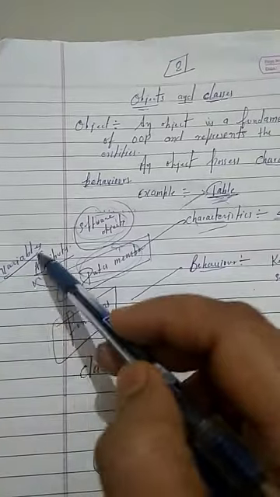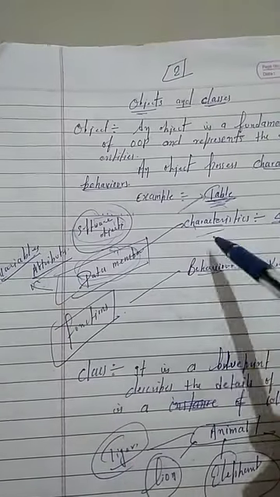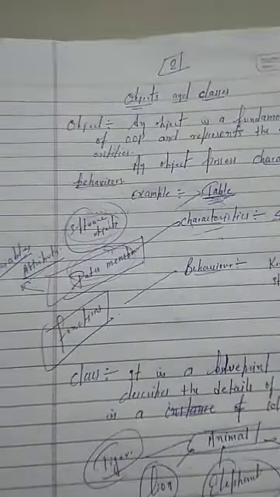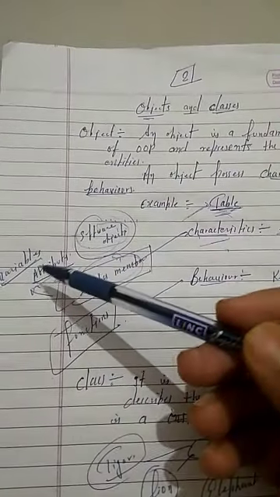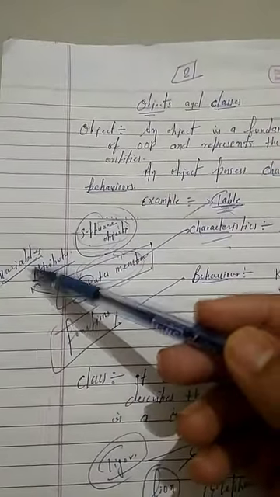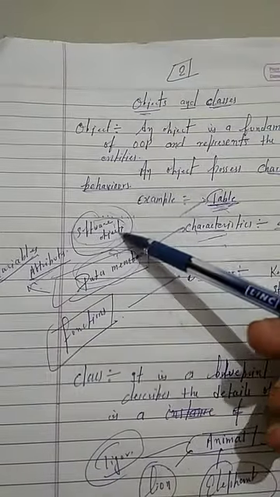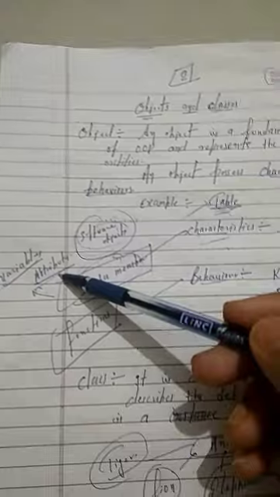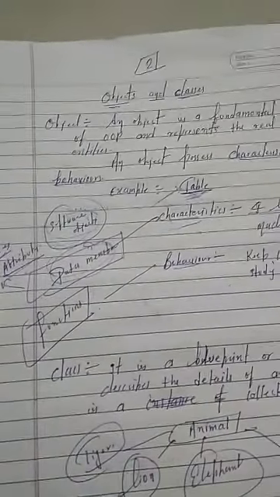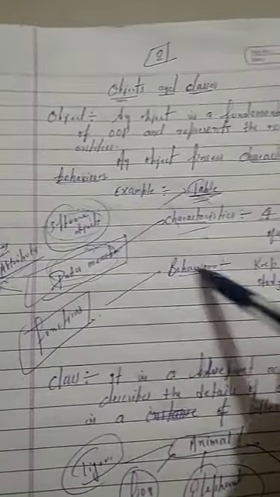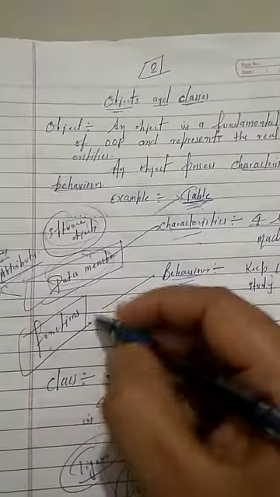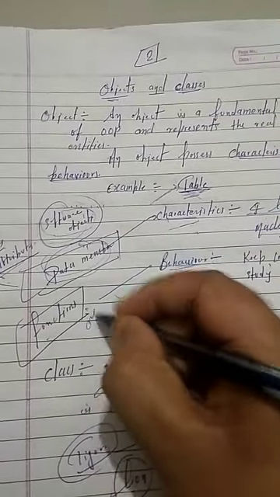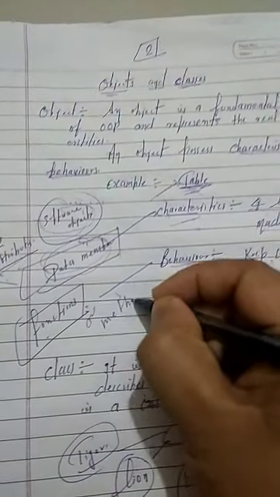Variable, attribute, all are the characteristics of the object only, but in terms of software objects, we call the characteristic a data member, variable, or attribute, and behavior a function or method.